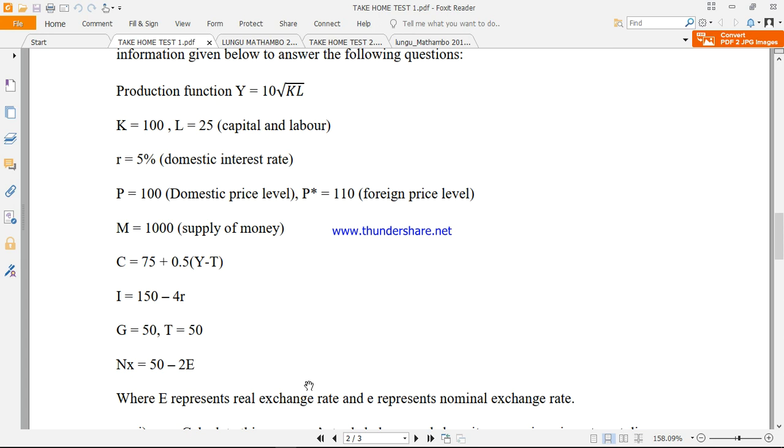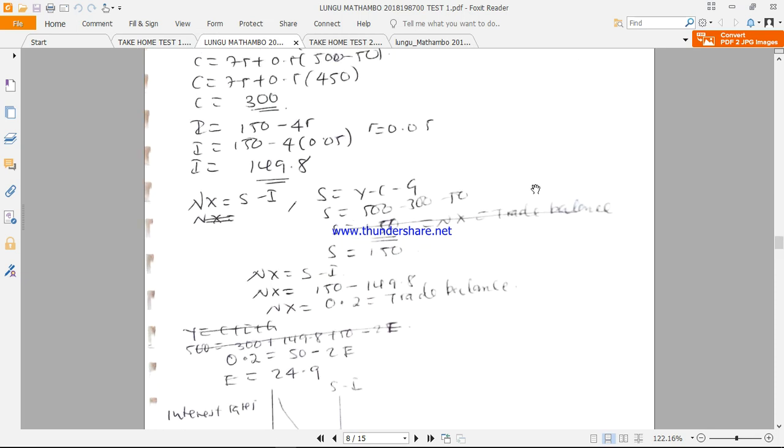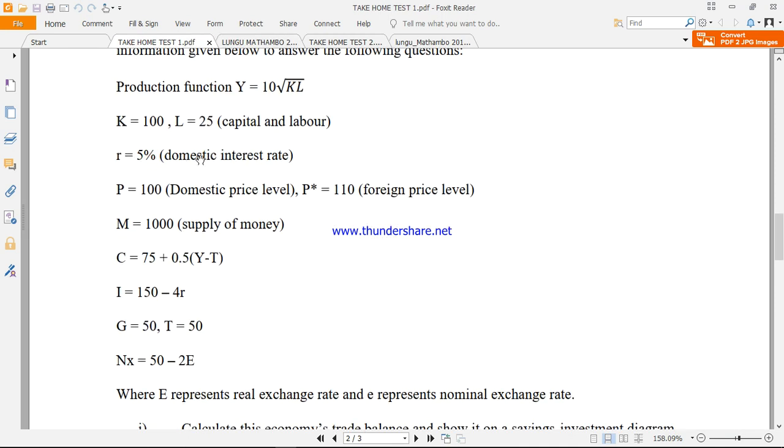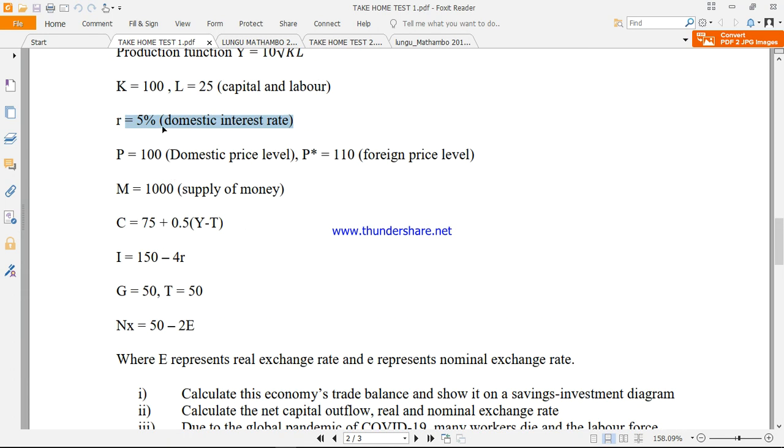I think I've missed your solution. I missed the part where I find the 5% domestic interest rate. Where is the domestic interest rate? There. It says the real interest rate R is equal to 5%, the domestic interest rate.